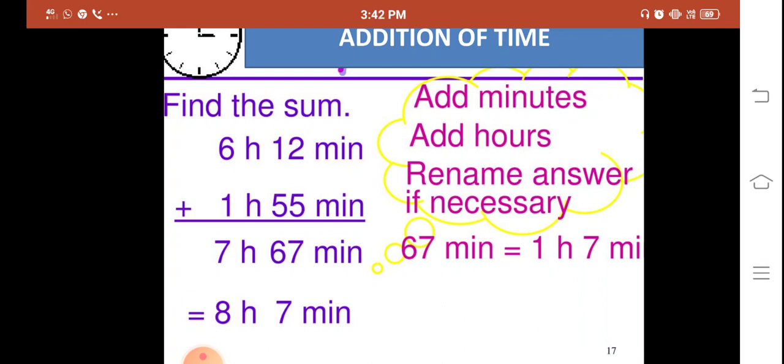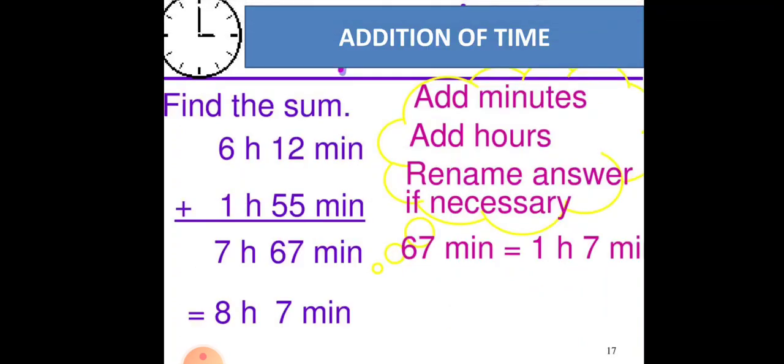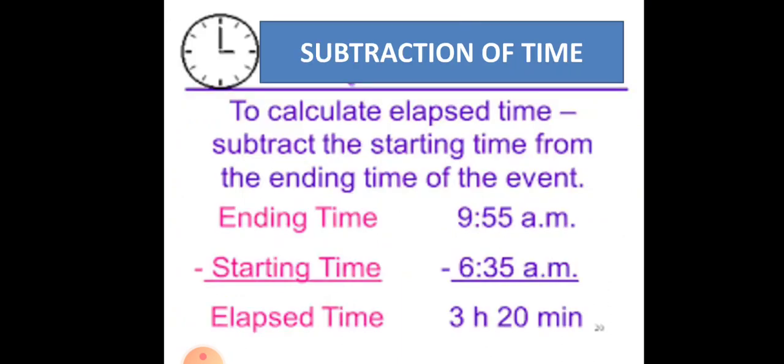If you will see this, there is no 67 minutes. So 67 minutes is equal to 1 hour 7 minutes, because every hour has only 60 minutes. So it becomes 1 hour 7 minutes. 1 hour will be added to the hours. It becomes 8 hours 7 minutes.